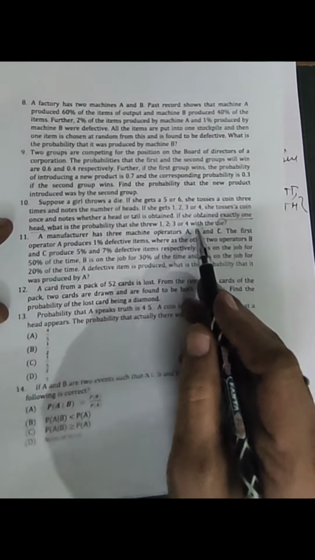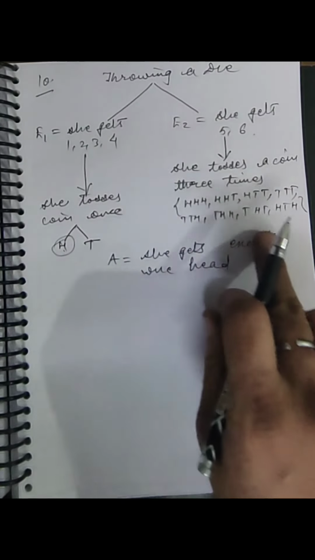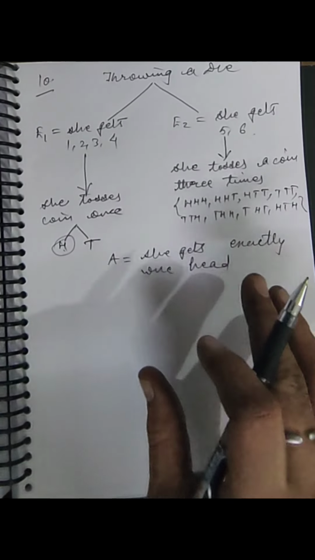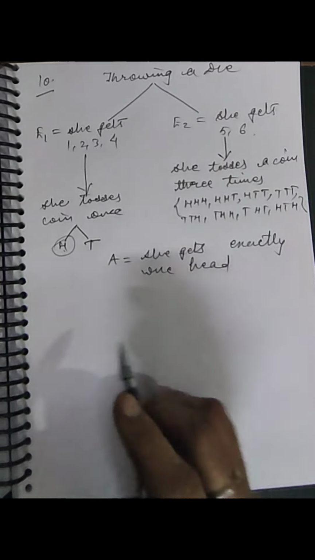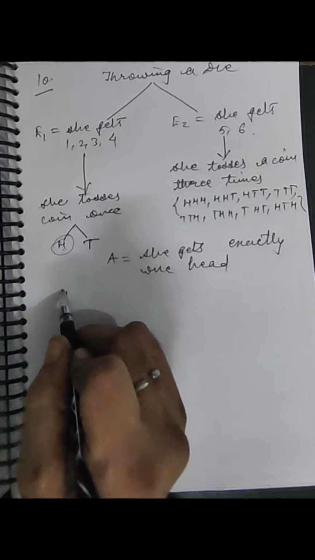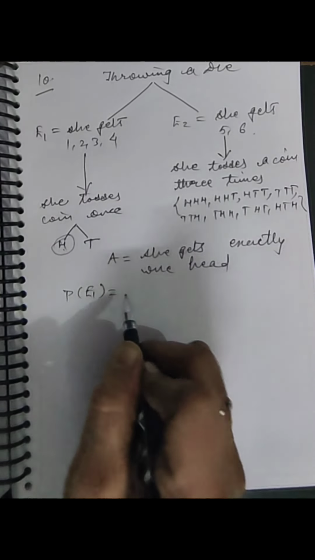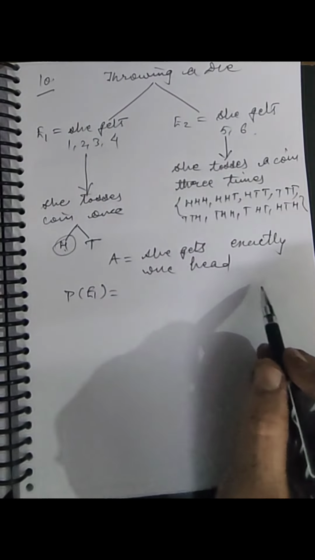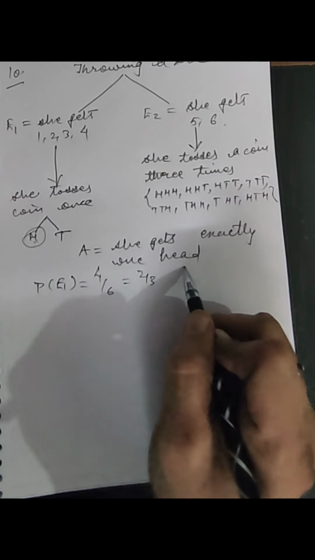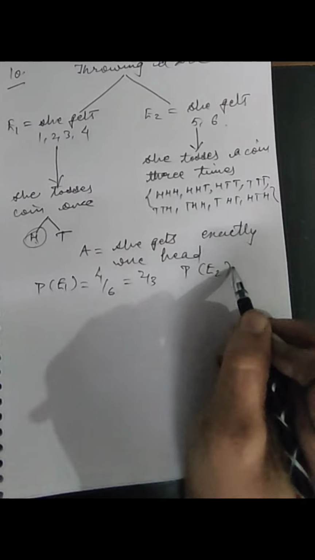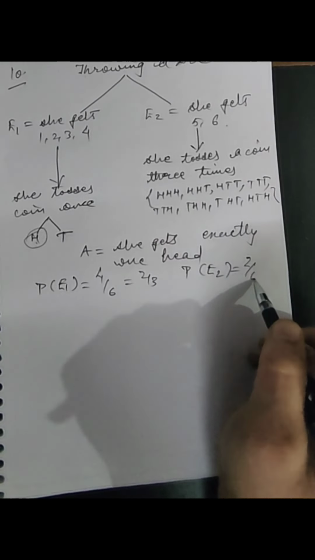This is given. She obtained exactly one head. So this is the different one. In other cases it could be clearly interpreted, but not here. Now we think of the probability of E1. These are 4 outcomes of 6, so this will be 4 by 6, meaning 2 by 3, and probability of E2 is 2 by 6, meaning 1 by 3. The sum is 1.